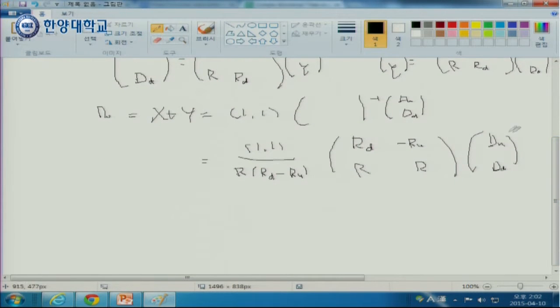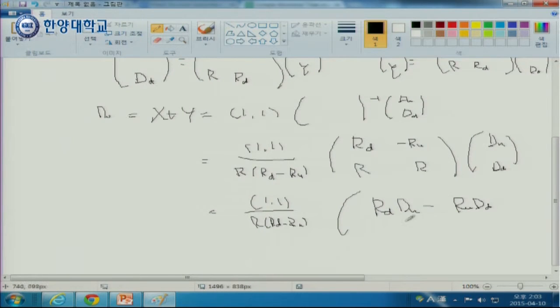So actually now we can calculate this one multiplied with this one, and this one multiplied with this one. So the 1, and then R, RD minus RU. And then if we do it, it is RT DU minus RU DD.